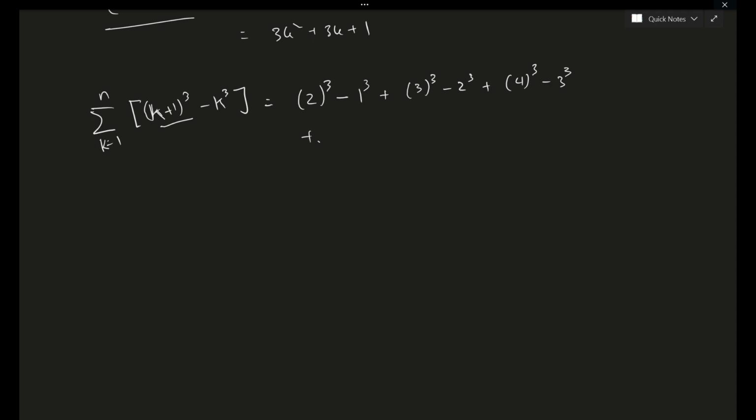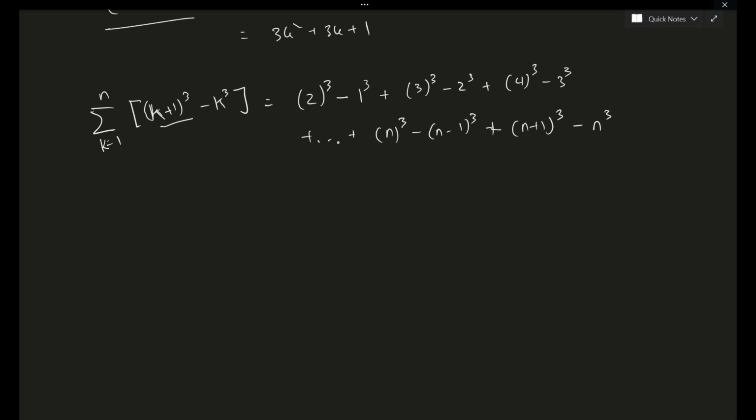And this goes on and on until we reach k equals n minus 1 and k equals n. When k equals n minus 1, n minus 1 plus 1 gives us n cubed, minus (n minus 1) cubed. And now k equals n, so k plus 1 is n plus 1, cubed, minus n cubed.